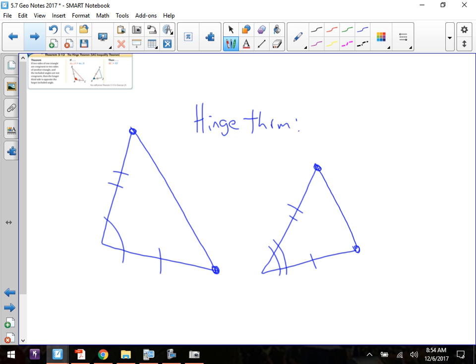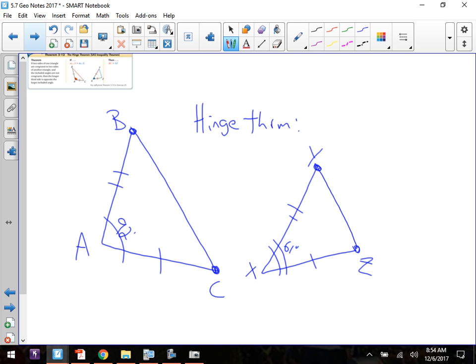So let me label this out. We have triangle A, B, C, and X, Y, Z. And I was going to say we have two different angle measures. It's completely possible to have two legs of a triangle congruent to two legs of another triangle that are congruent, but it doesn't necessarily mean that the triangles themselves would ever be congruent.